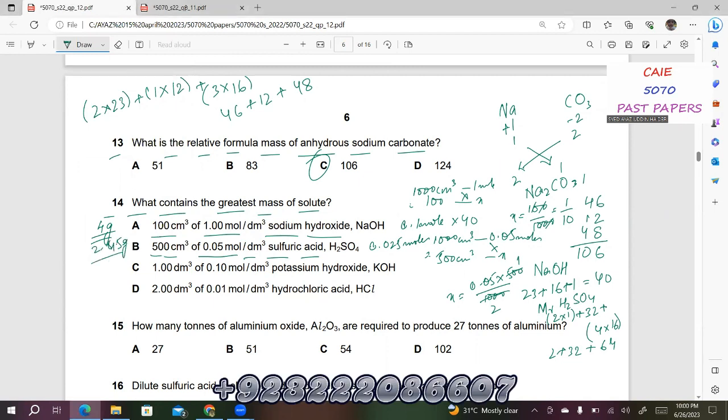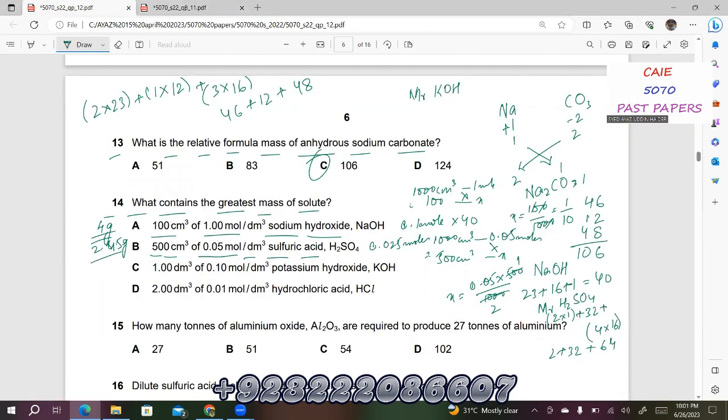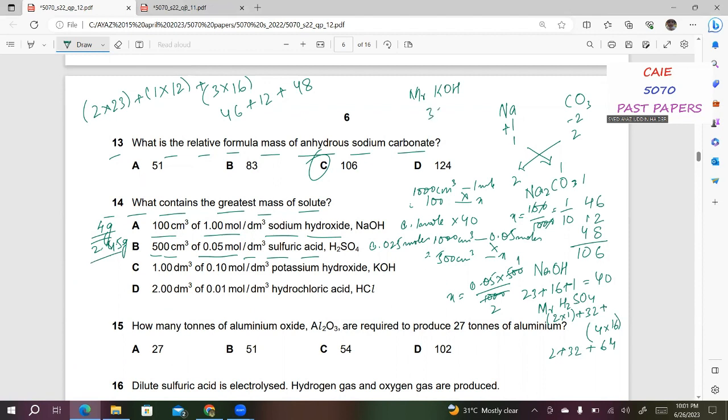2.45 grams for B. C, 1 dm cube of 0.1 mole per dm cube potassium hydroxide. So it must be 0.1 mole. So you have to multiply 0.1 by the MR of KOH. MR KOH: K is 39, plus oxygen is 16, plus 1 for hydrogen.